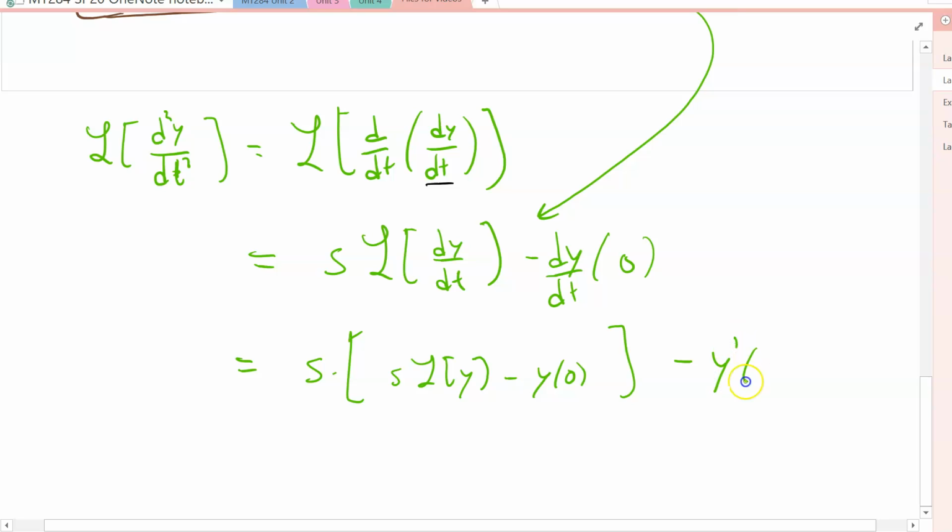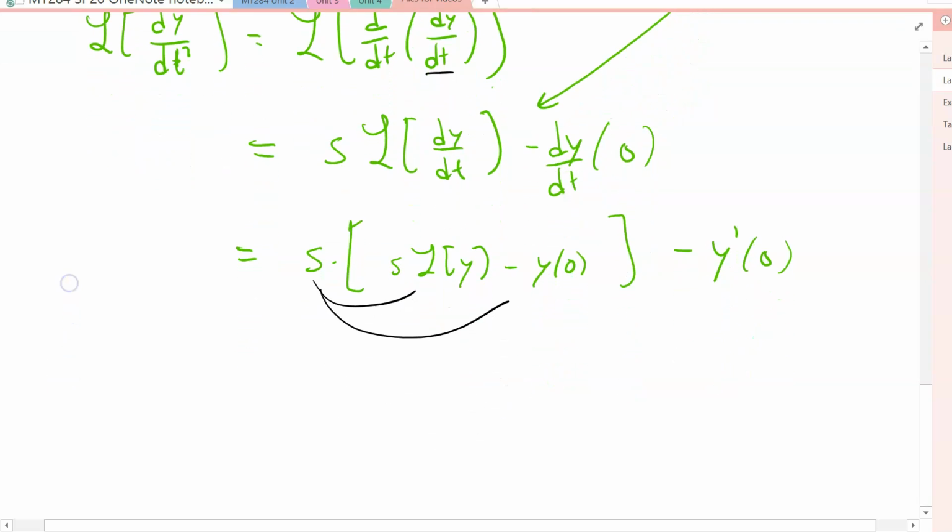So instead of dy dt, I'm going to write y prime of 0. Now, to get the fact that you'll see listed in the table, textbooks and videos, distribute the s through the parentheses, and we get s squared times the Laplace transform of y minus s times y of 0 minus y prime of 0.